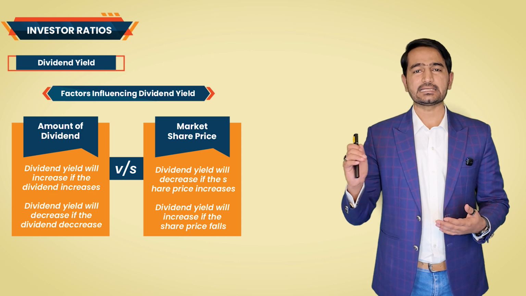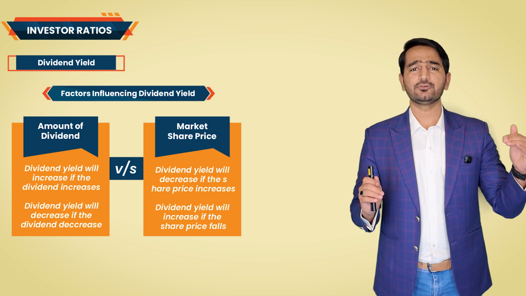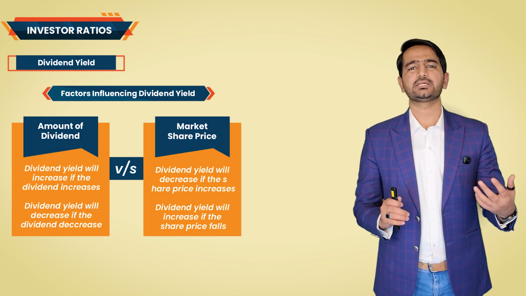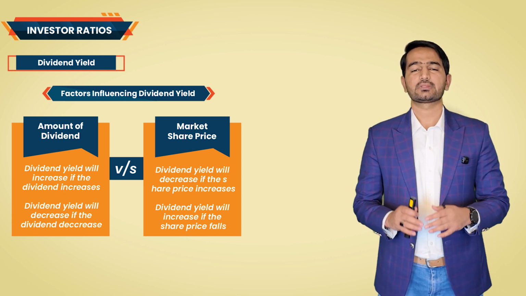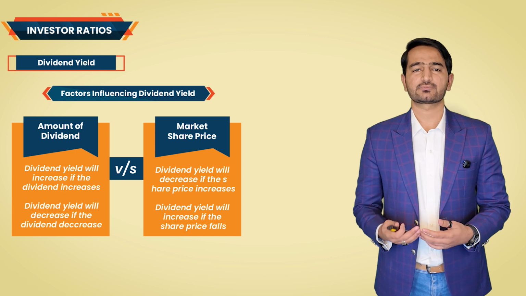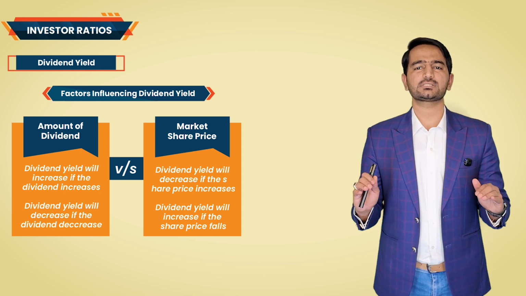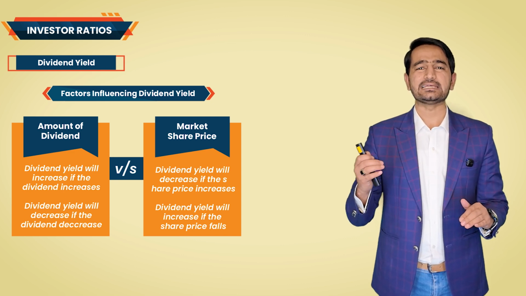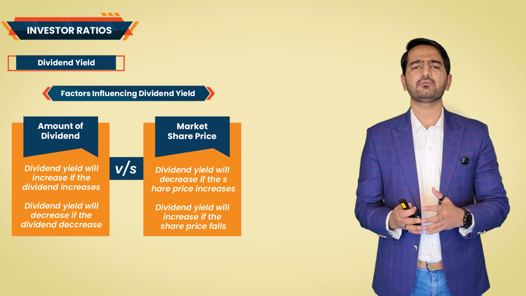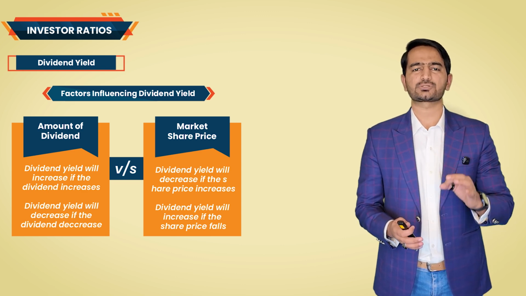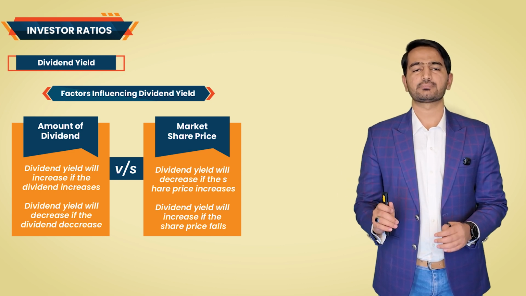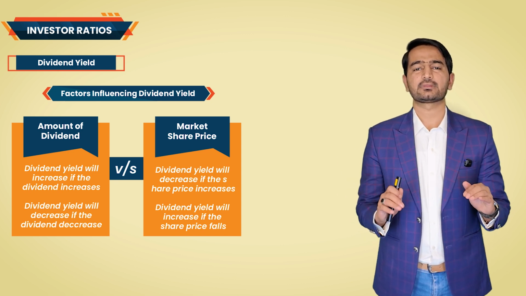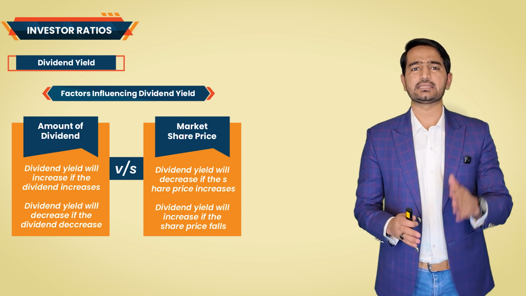And if the dividend decreases, the dividend yield will decrease, making the share less attractive to investors. Also, if the share price increases while the dividend remains constant, the dividend yield will decrease as the return relative to the investment becomes smaller. And if the share price falls but the dividend remains the same, the dividend yield will increase.